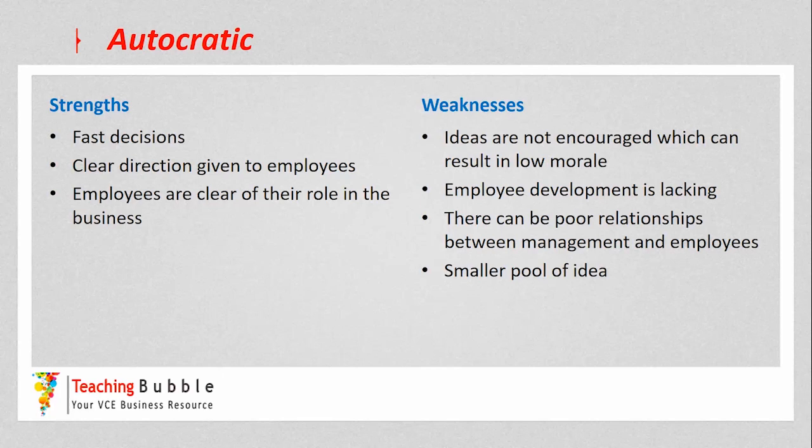It can also harm relationships between management and employees because there's no real two-way communication involved. It's just one way, being told what decision has been made. And because there's only one person making decisions, and decisions are not discussed or feedback sought from the employees, there's a smaller pool of ideas. They're only really using the ideas of the manager that's making the decision.